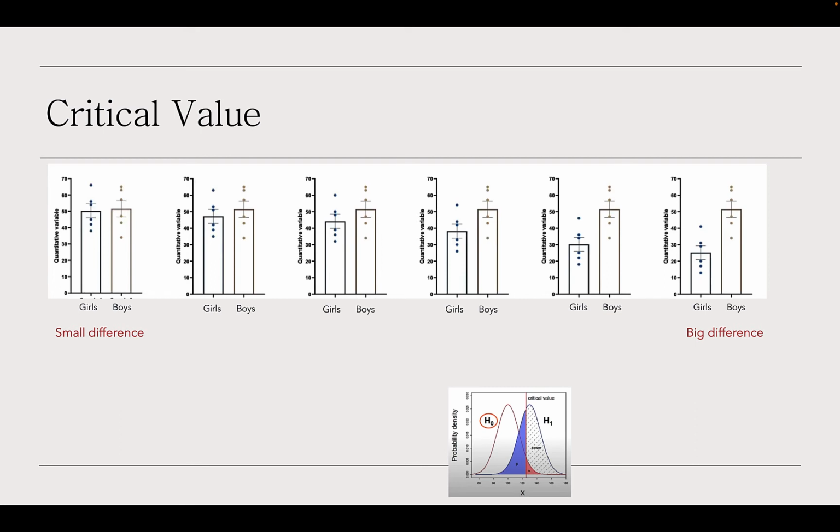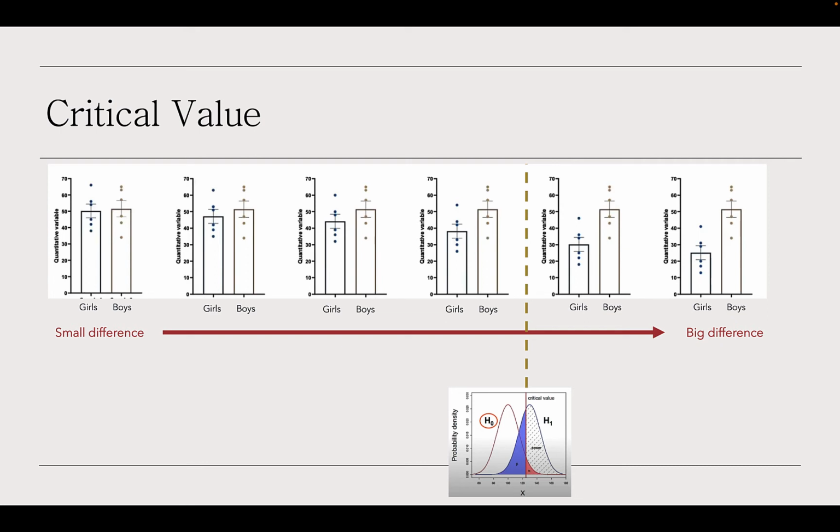And what we see is that the confidence intervals do not overlap, signifying a significant difference between average girls and boys' math achievement scores. All right, and so again, as we move across, we go from this small difference where really no significant difference is observed, over to the right where a big difference is observed.